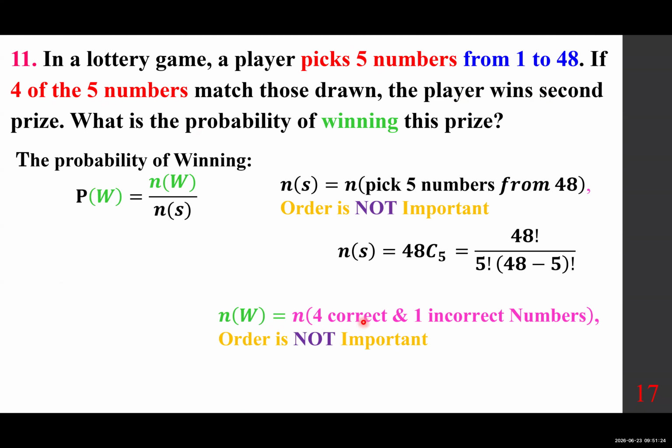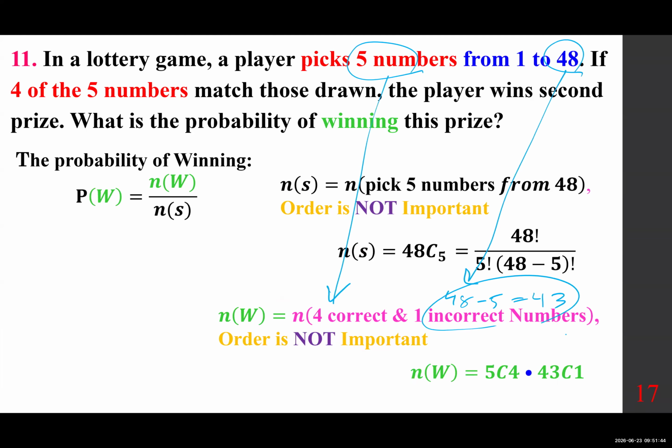So 4 correct ones, 1 incorrect one. Order is not important. The correct ones, you have to pick from 5. And the incorrect one, 48 minus 5 or 43 is incorrect. That's why this is 43.